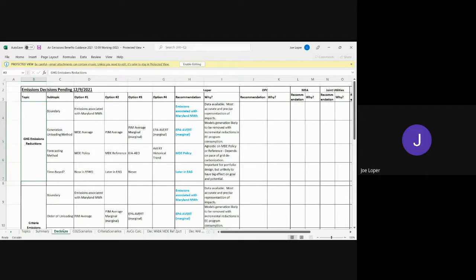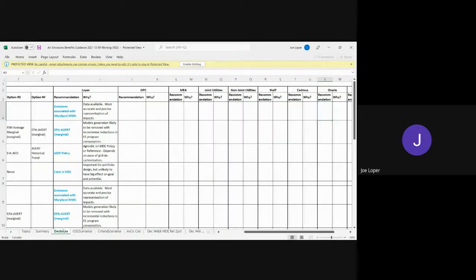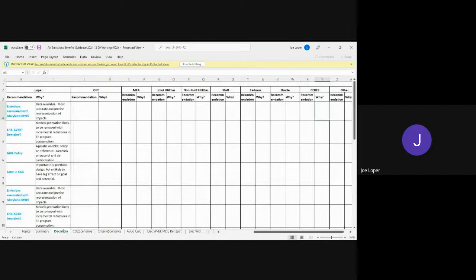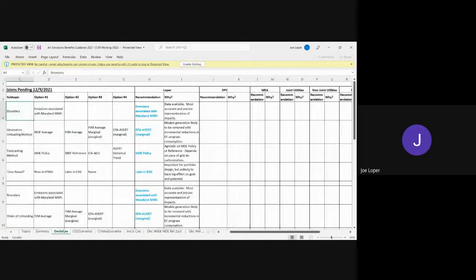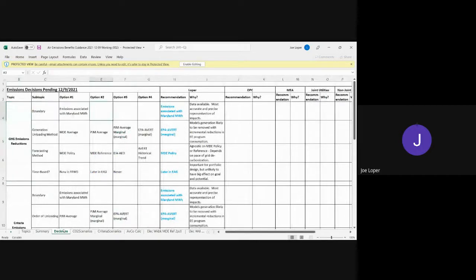I've provided my recommendation and why, and I would encourage all the other stakeholders, and I just listed who I think are the key ones, to do the same. Ultimately, we're all going to have to make recommendations and decisions about this to get to consensus, or even to realize that we don't have a consensus.